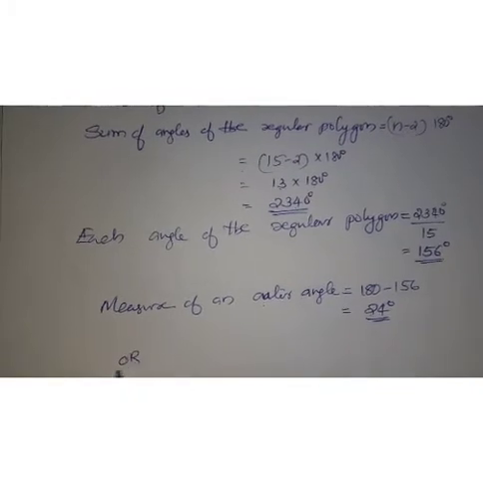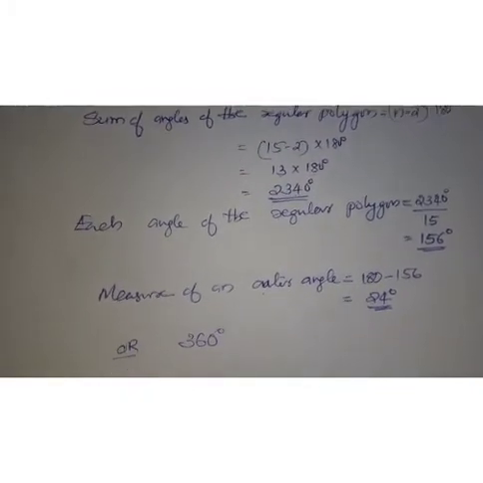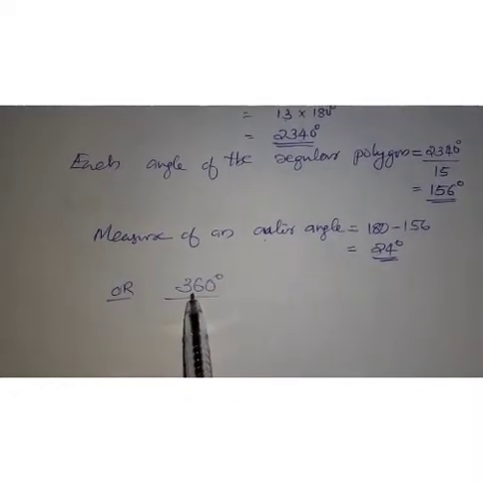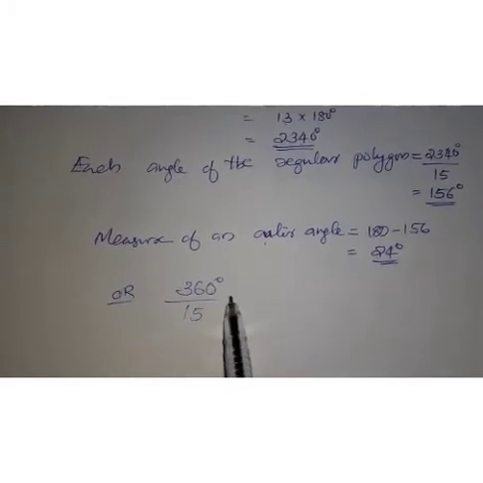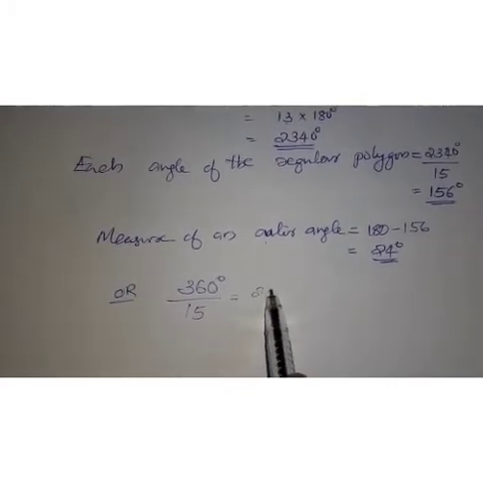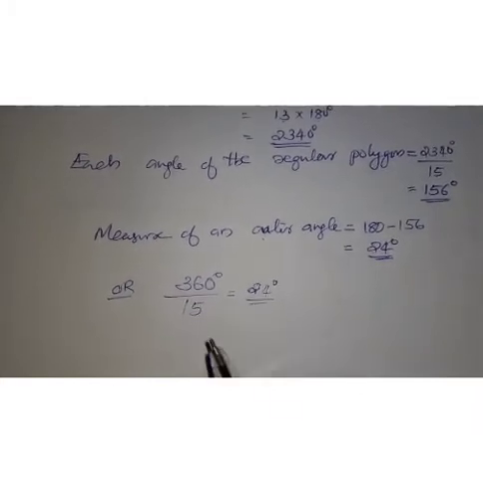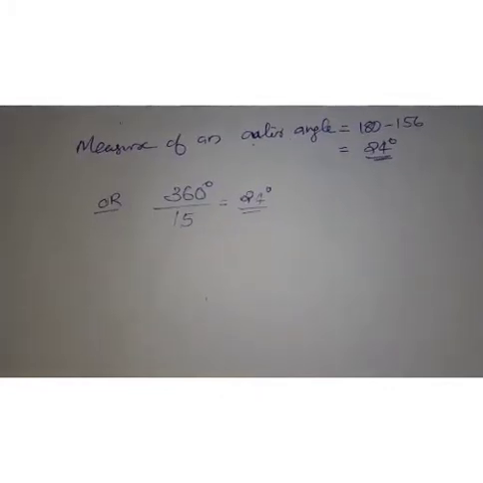Otherwise you can do it the other way also. 360 is the sum of the outer angles of any polygon. So 360 by 15, you will get 24 degree. Like this also you can do it. Any method you can use.